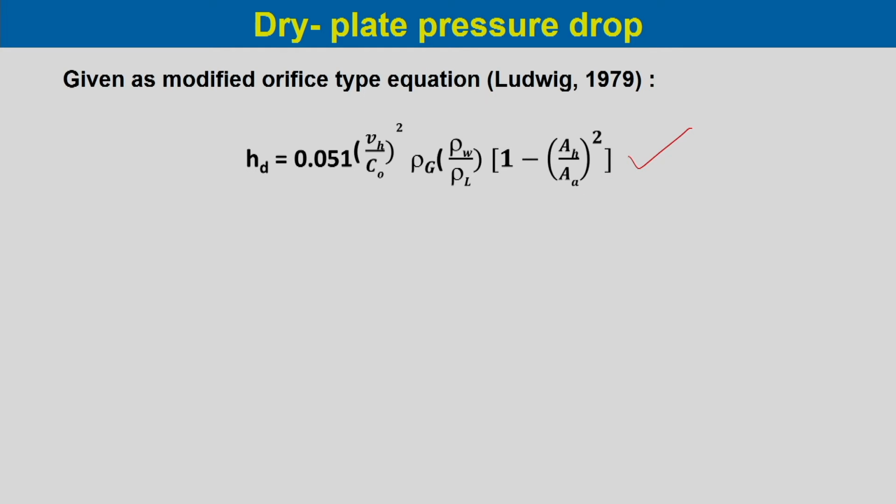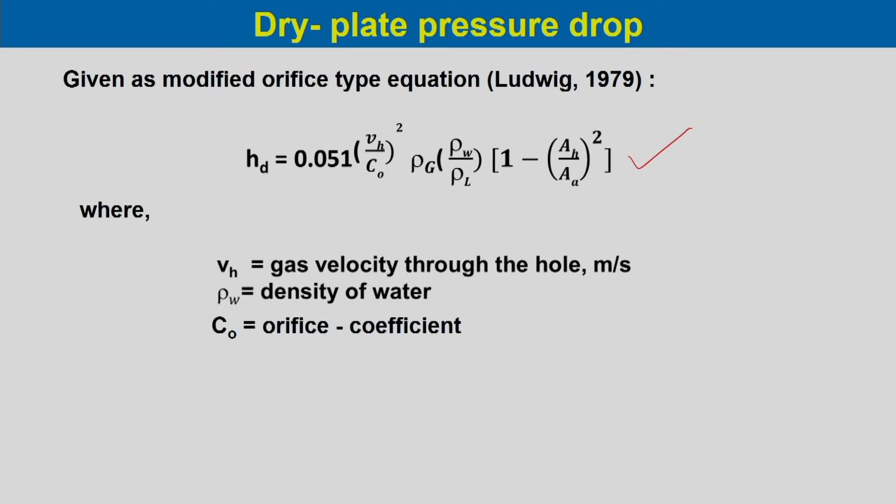With this we can calculate HD, where VH is the gas velocity through the holes in meter per second, rho w is the density of water, C0 is the orifice coefficient, AH is the hole area and AA is the active tray area. The rho g, rho w and rho L are conventionally used.